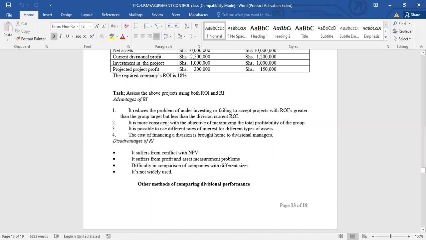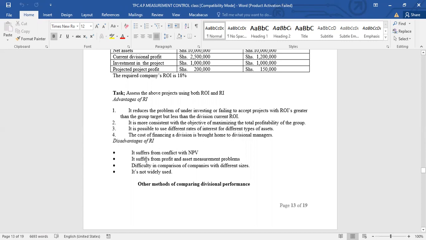It is more consistent with the objective of maximizing wealth. It is possible to use different rates of interest for different types of assets. The cost of financing a division is brought home to divisional managers, among others.